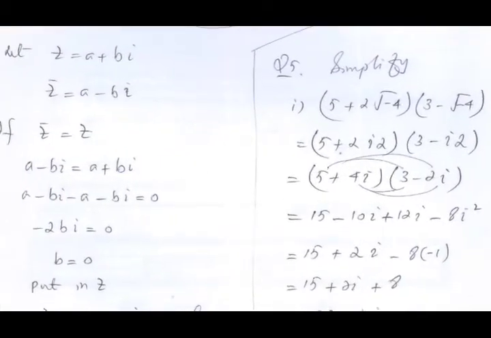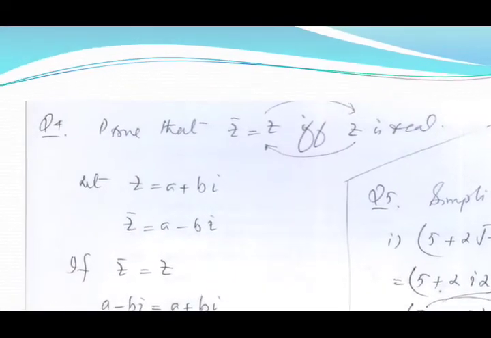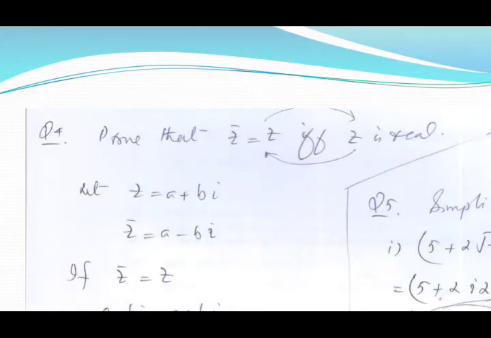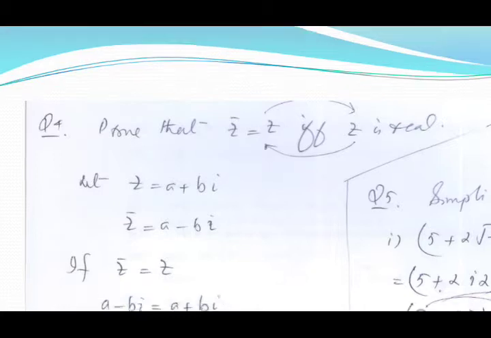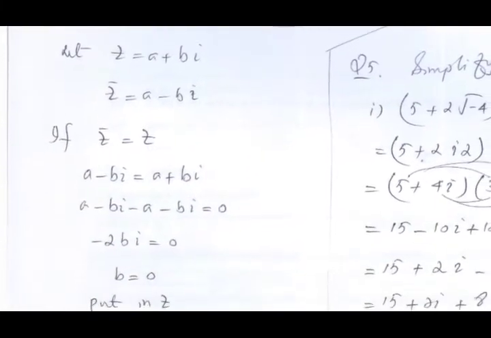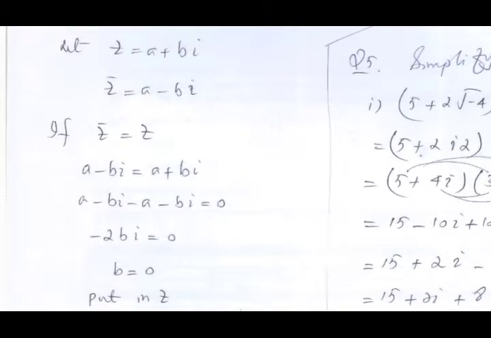Next, a short proof. Prove that z bar is equal to z if and only if z is real. IFF means if and only if, both conditions are true. Let z is equal to a plus b iota, z bar is a minus b iota. If they are equal, then the result is b is equal to 0.